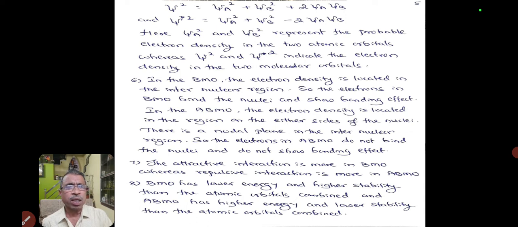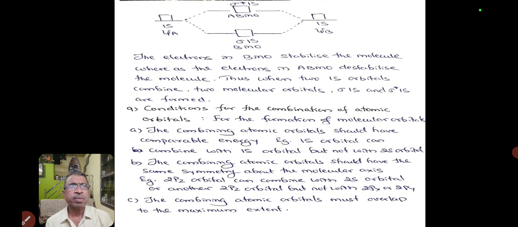Bonding molecular orbital has lower energy and higher stability than the atomic orbitals combined. And anti-bonding molecular orbital has higher energy and lower stability than the atomic orbitals combined. So this is shown with the help of a diagram.